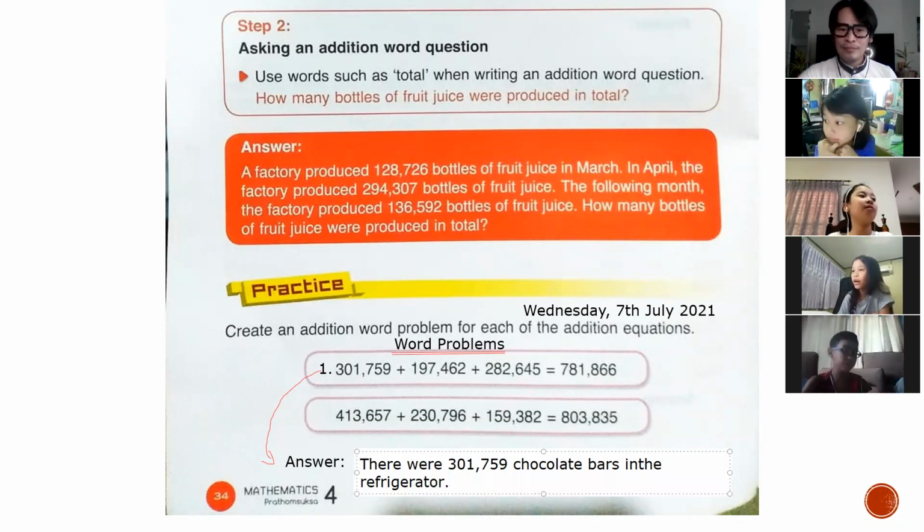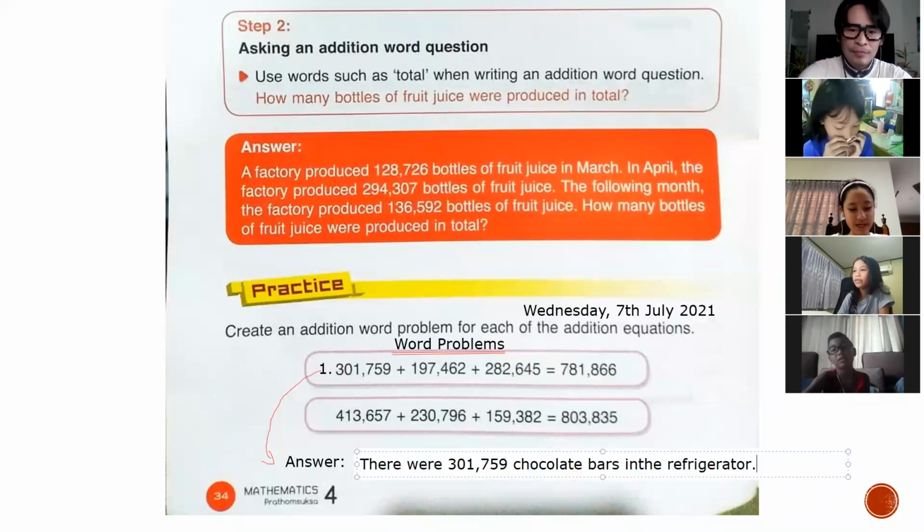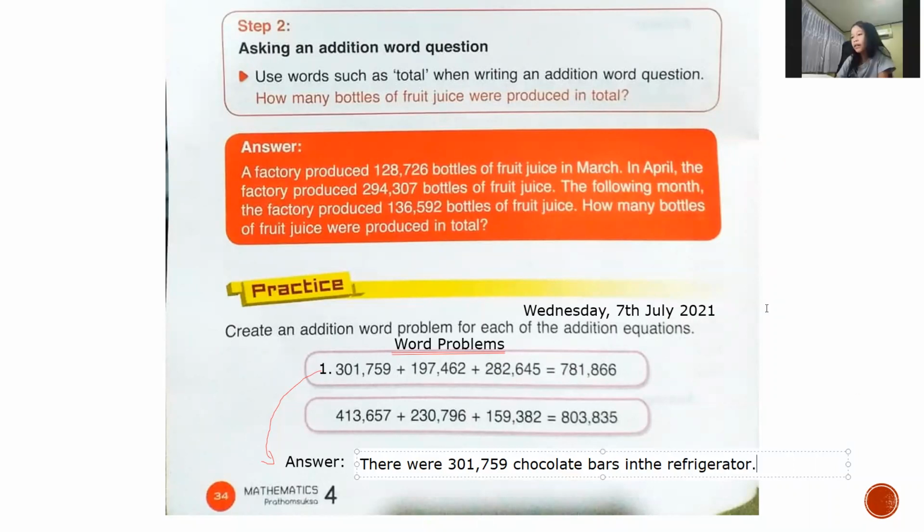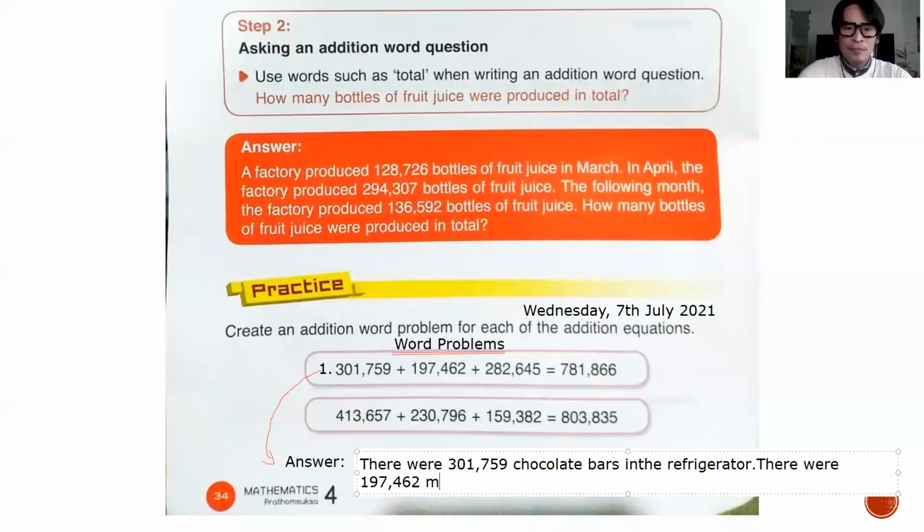There were 197,462 more chocolate bars outside the refrigerator, because you are going to eat now.